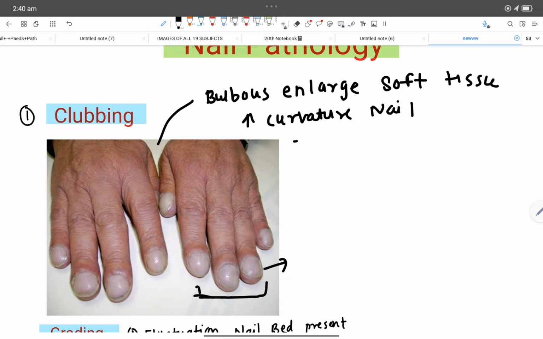It occurs due to edema and dilatation of capillaries.